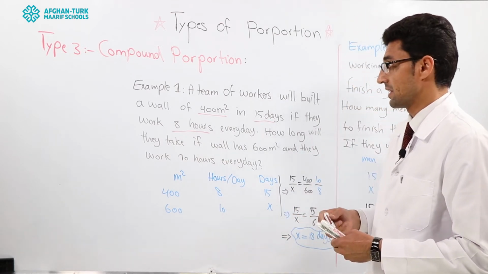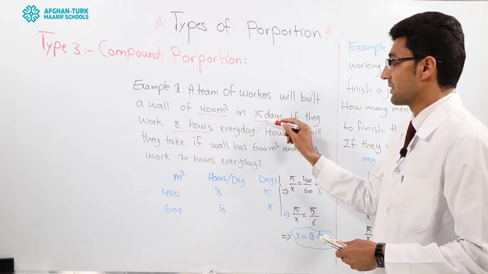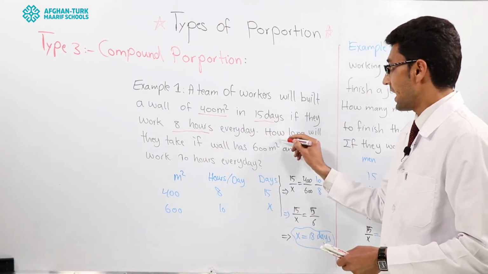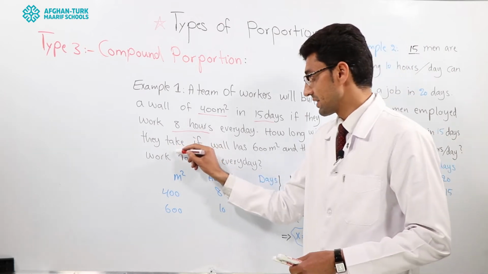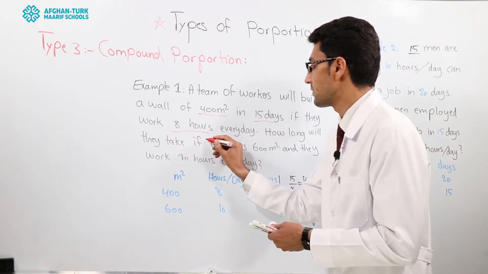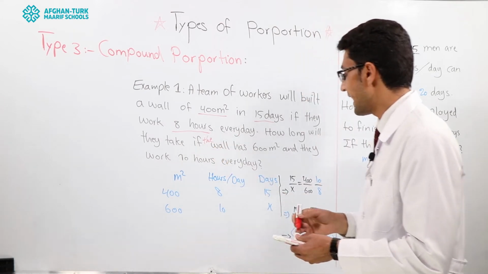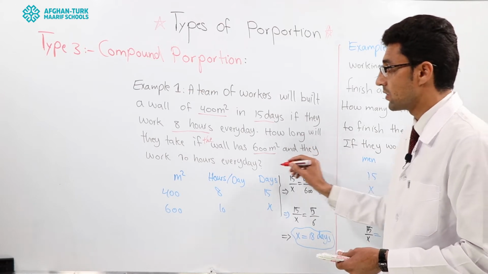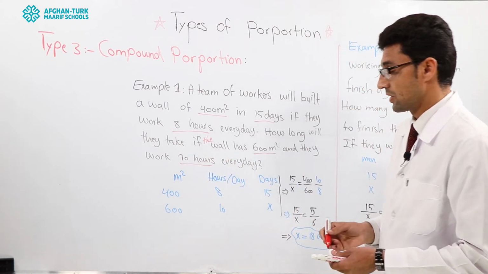How long will they take if the wall has 600 meters square and they work 10 hours?